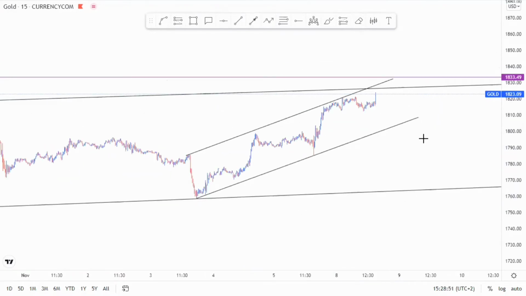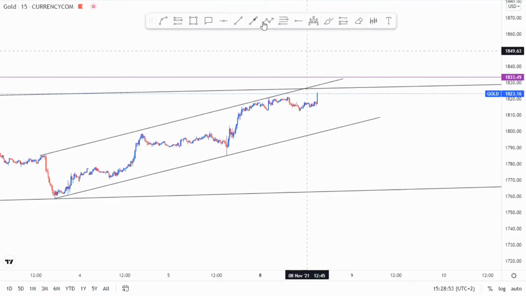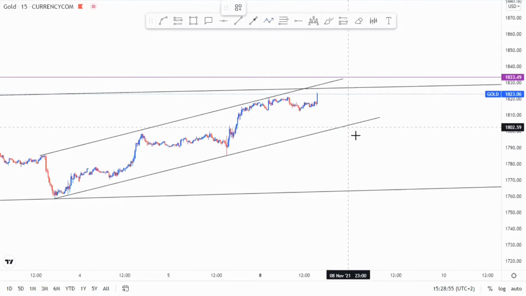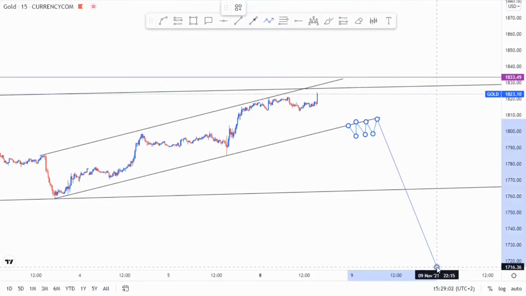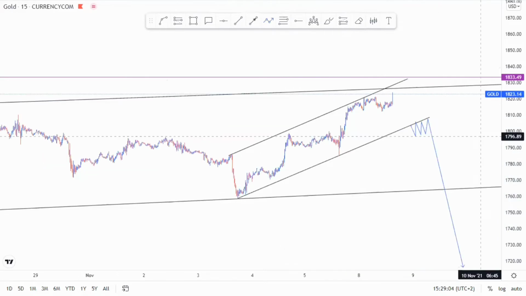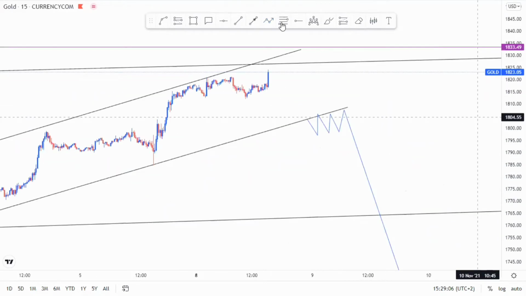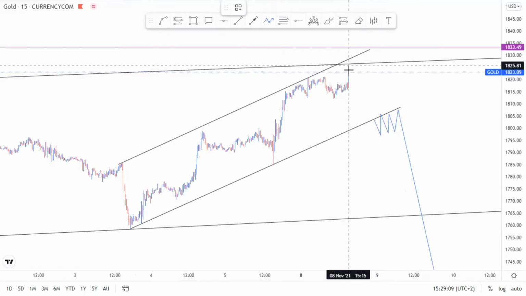Now confirmation of a sale will come if price breaks this area here and makes a continuation pattern. Then we can be sure of the sale. The first indication of a sale will be the rejection of these areas here.